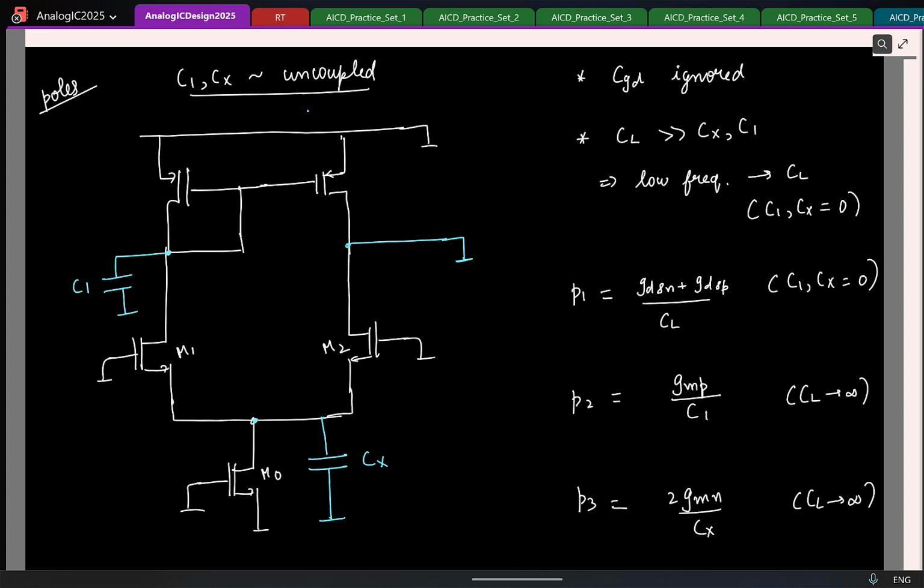This is clear? Any questions? Okay. So if the pole locations are clear, then let's move on to zeros.